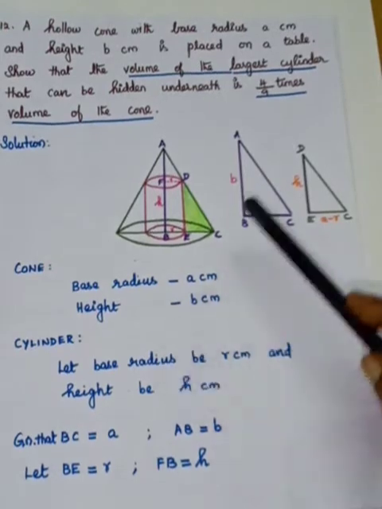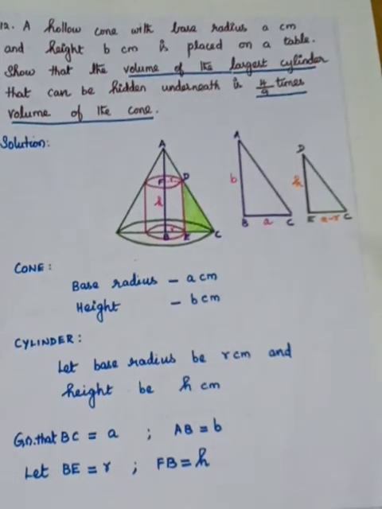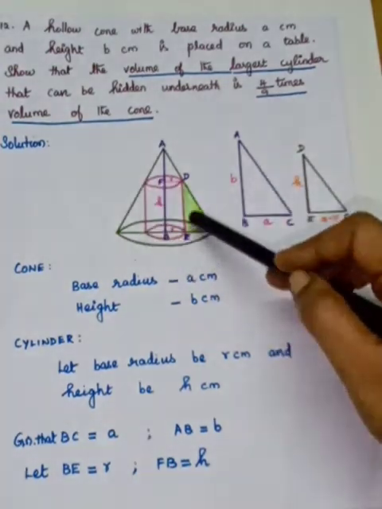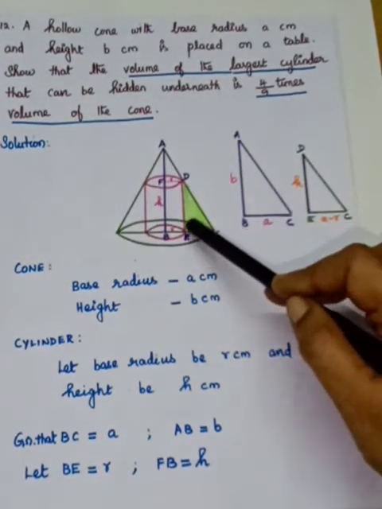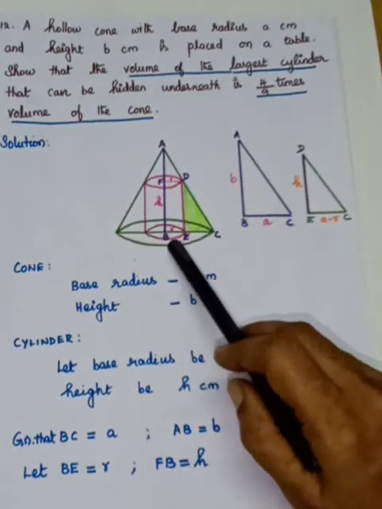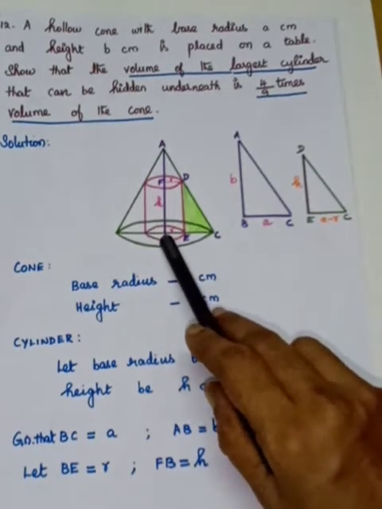Okay, and the cylinder, where is it? The cylinder is hidden inside the cone. Okay, the whole cylinder which is hidden inside the cone, both are kept on the table. See now, in pink color I have drawn the cylinder. For the cylinder also you will have the base radius. What is the base radius?